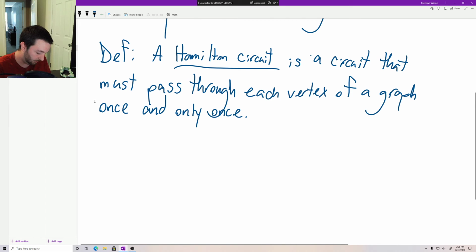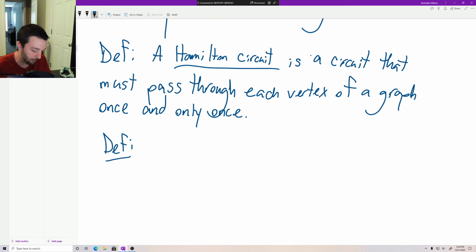Let me write down, related to this, a Hamilton path. Well, you can just think of the difference between a path and a circuit in general.